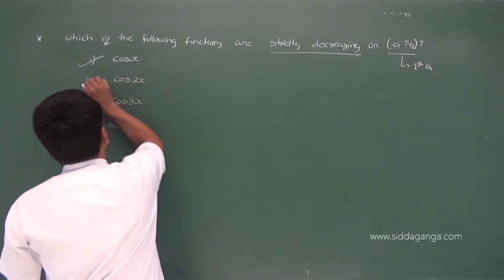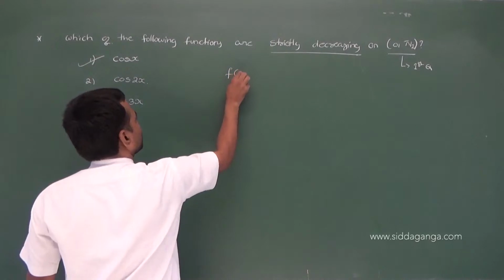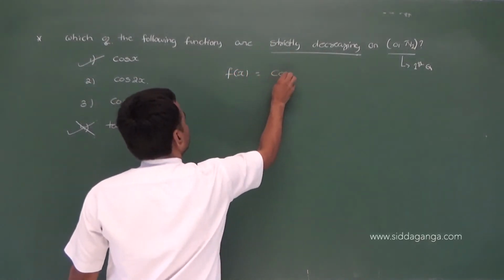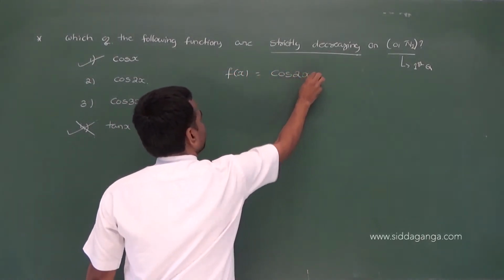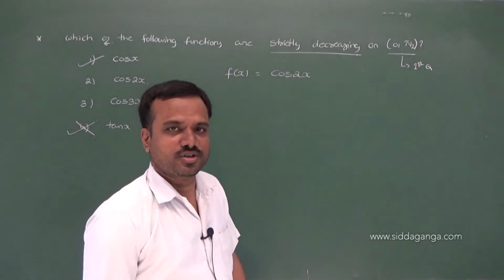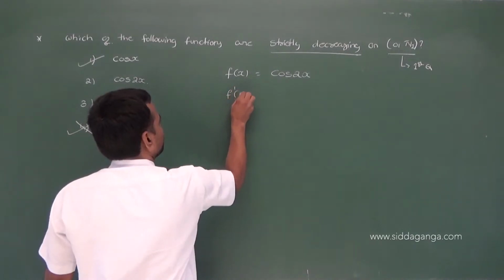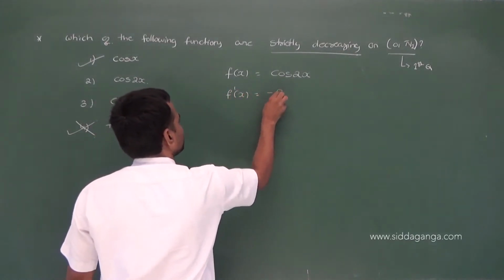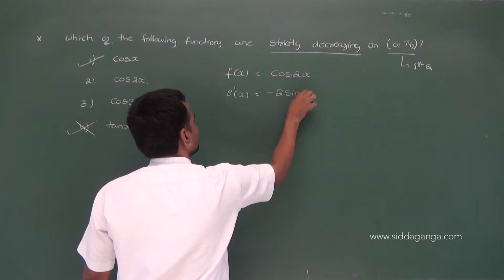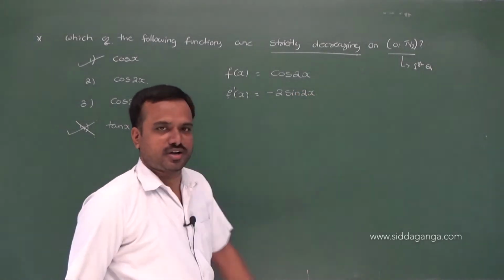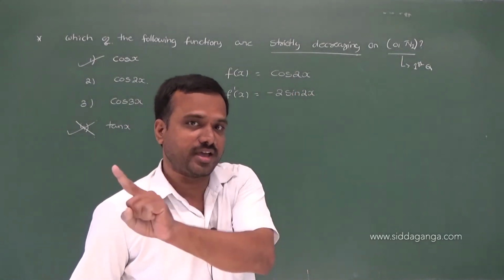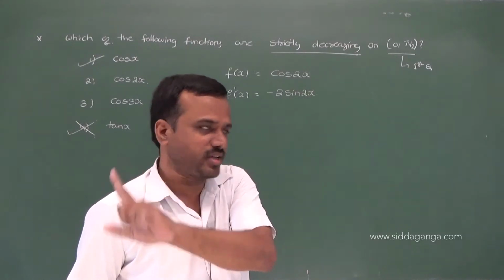Second one: f of x is equal to cos 2x. f dash of x is minus 2 sin 2x. The derivative of cos ax is minus a sin ax.